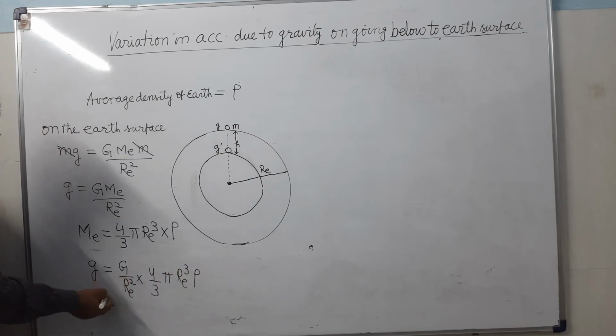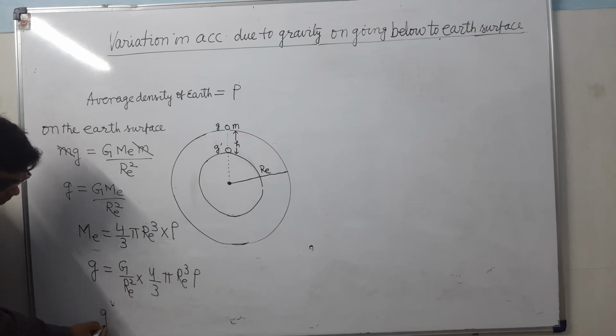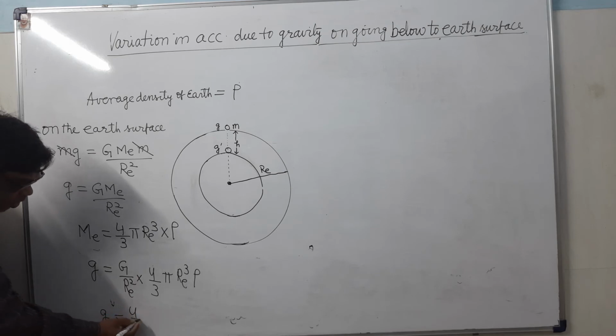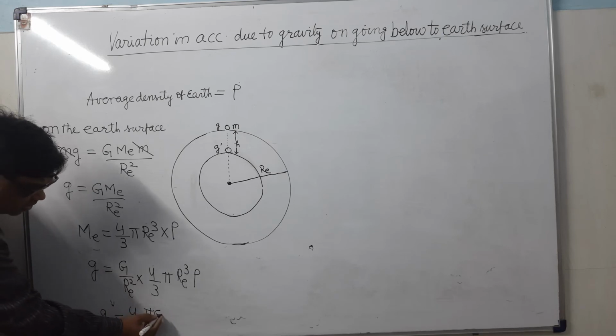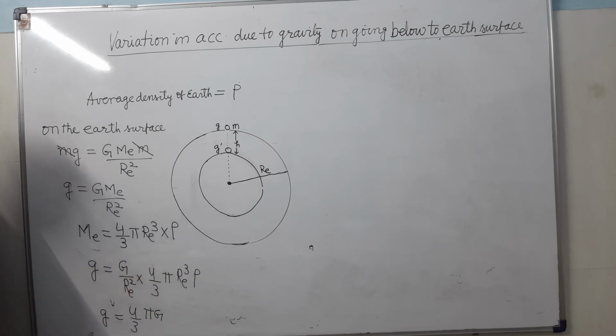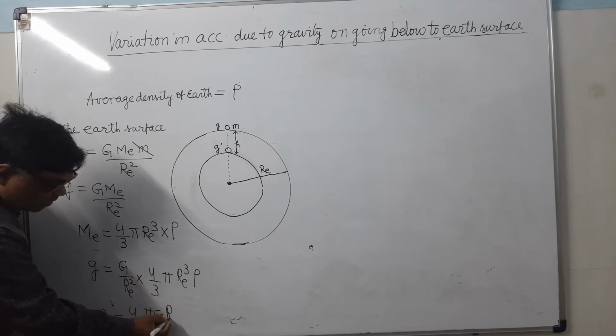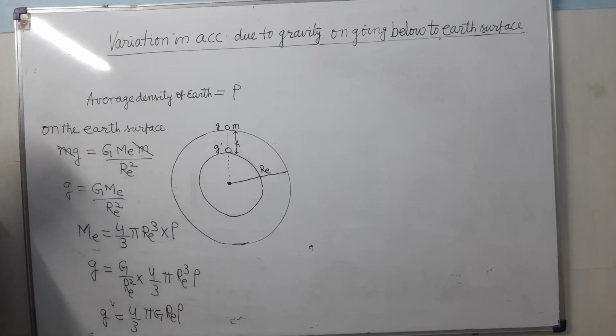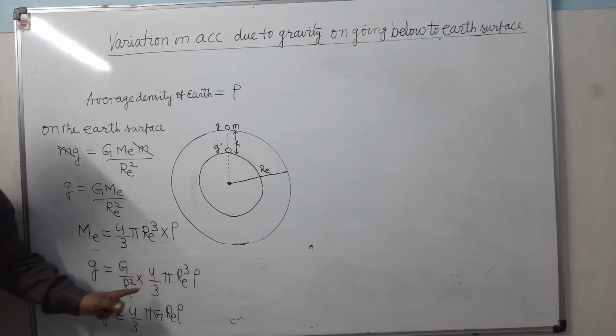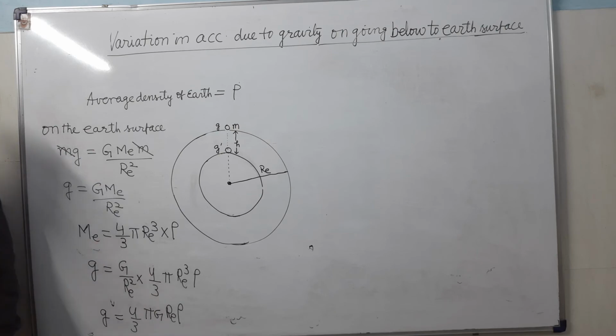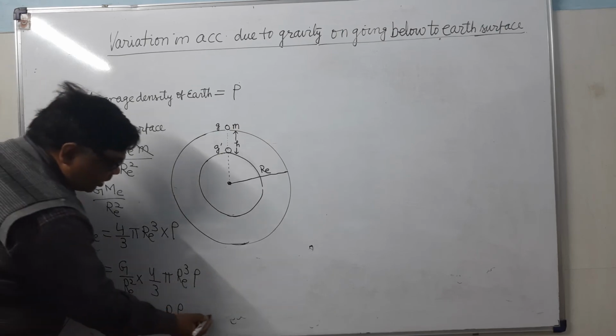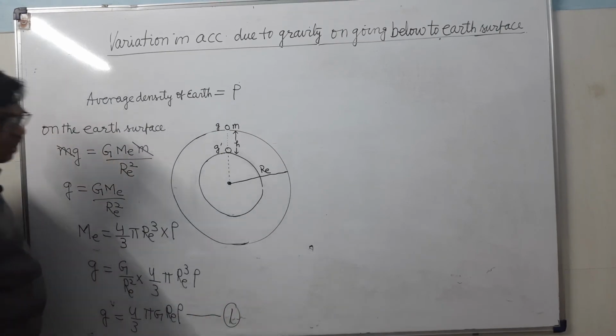So Re² and here it is Re cube. When you simplify further, it will become 4/3 pi G, Re cube upon Re² equals Re into rho. So g equals 4/3 pi G Re rho. This we have taken as equation 1.